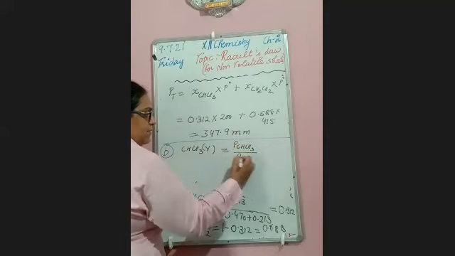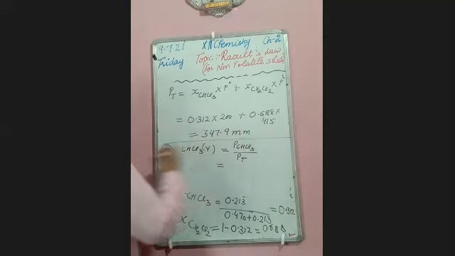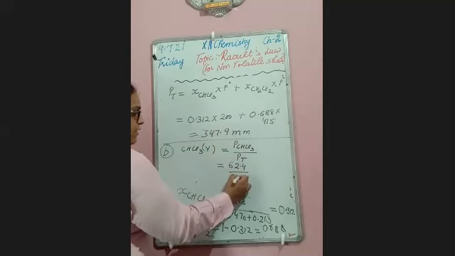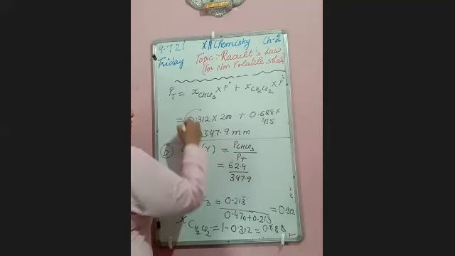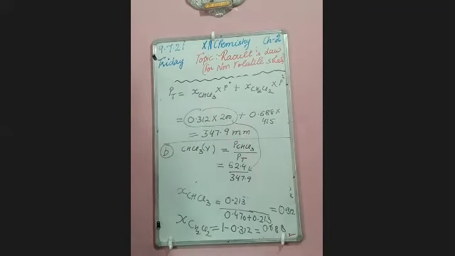Total pressure is 347.9. It will be 62.4 over total pressure 347.9, because when we solve this, it comes out to be 62.4.